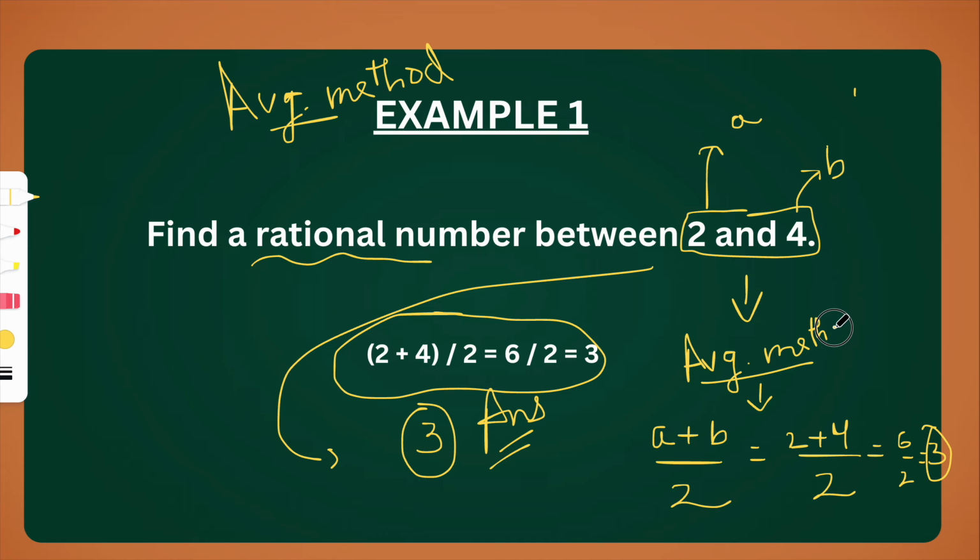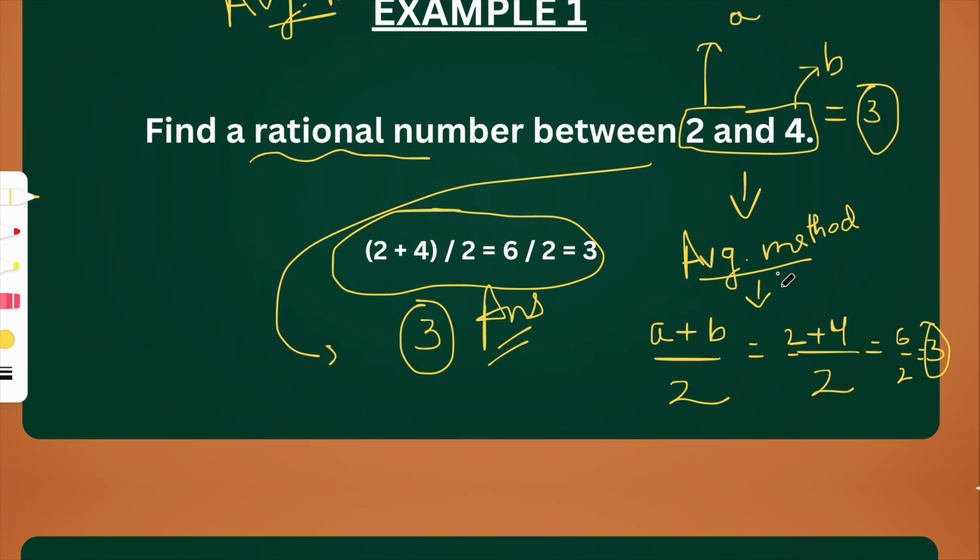So (a + b)/2, (2 + 4)/2, which is equal to 6/2, which is 3. Therefore, the rational number between 2 and 4 is 3. As simple as that.